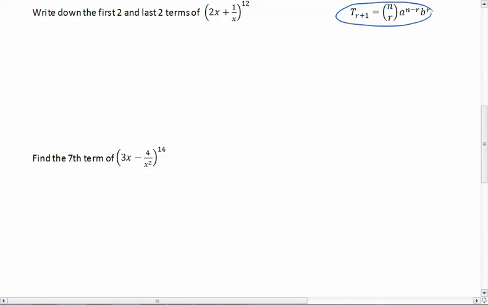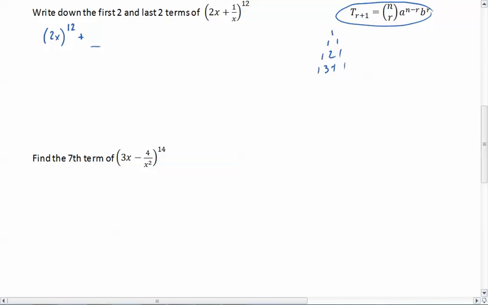Now, the first question here should be fairly straightforward because all we need to do, remember, the first term is always going to be 1 times 2x to the power of 12. And then we're going to go plus, and then the next one, now remember this is going to be the second term, which is the first element. If you remember Pascal's triangle, it looks something like this.